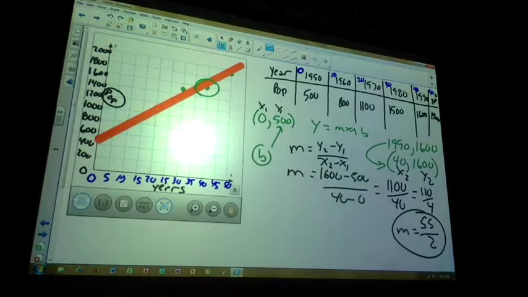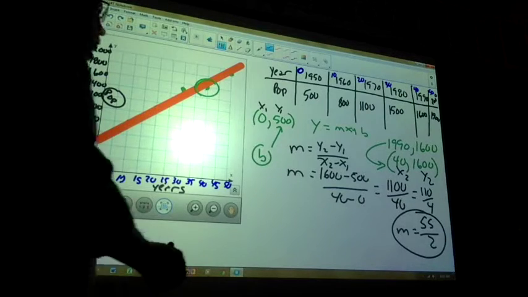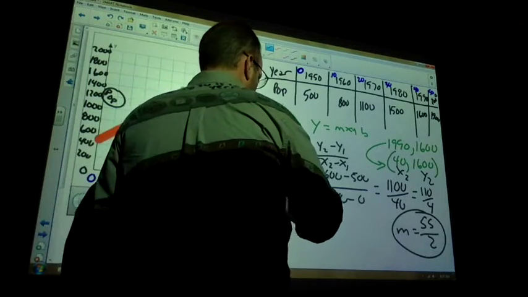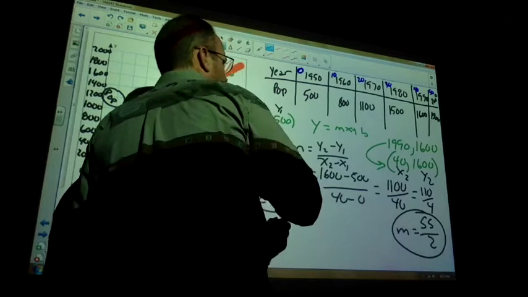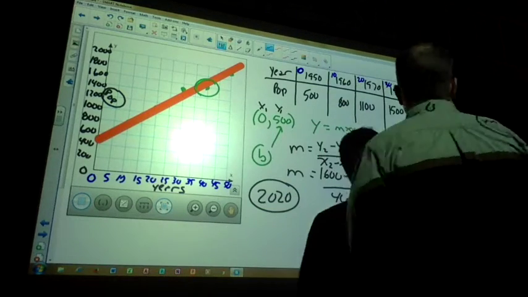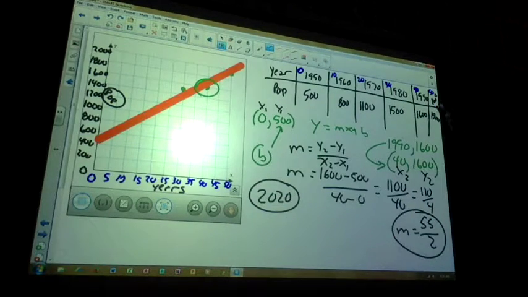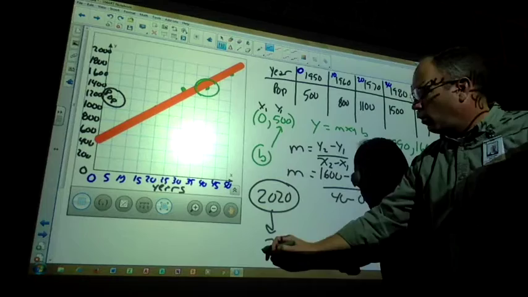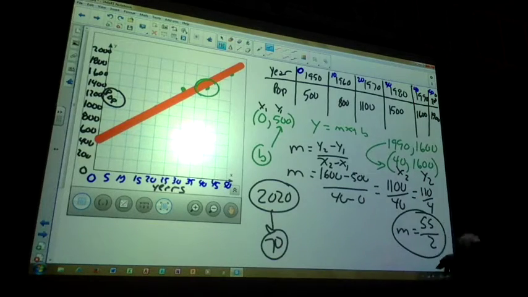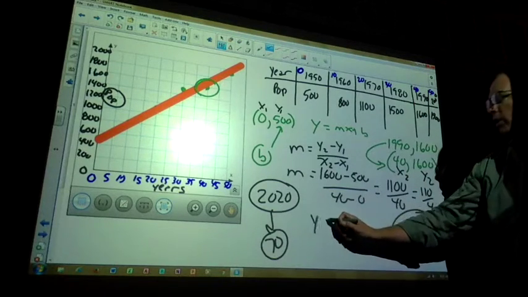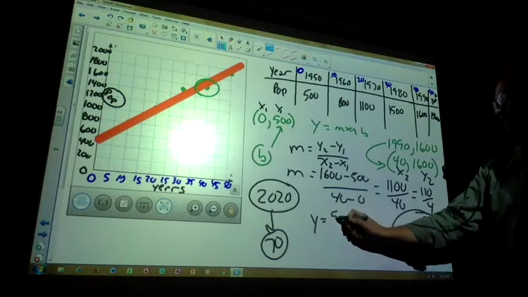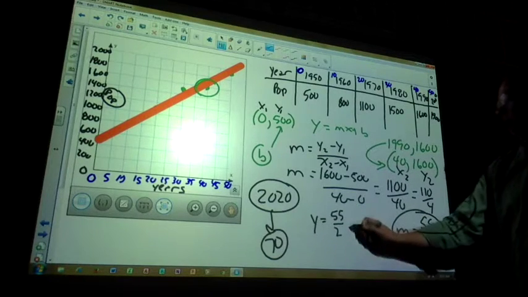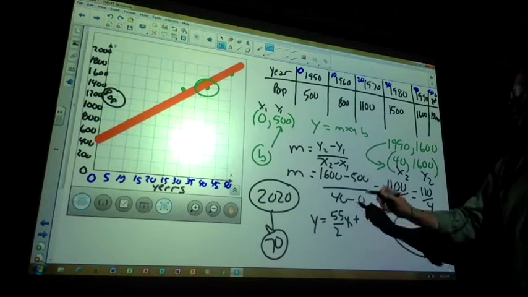And then, what will the population of Carbondale be by 2020? Okay, so let's figure out when 2020 would exist up here. 2010 is 60, 2020 is 70. So this is at a 70 mark. Where does the 70 plug into our linear equation? 55 over 2 x plus 500.